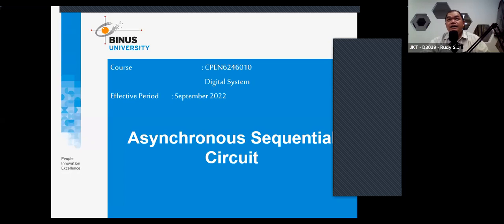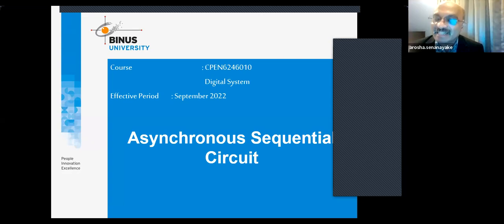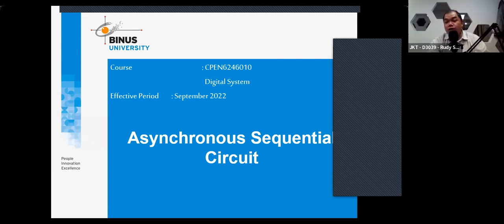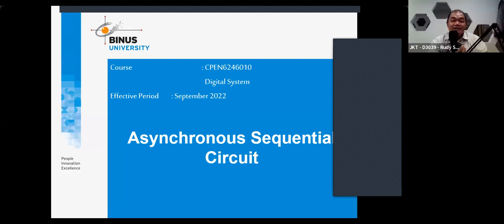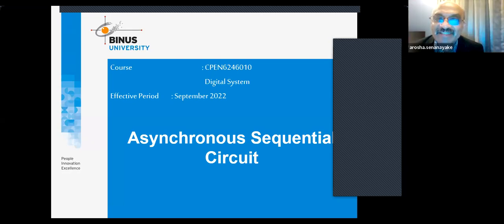Yes, in the lab they already applied a counter, designing a counter using FPGAs, using VHDL. But the whole concept, I haven't taught them. So officially, this is the first introduction of the students to sequential circuits. Thanks for the introduction.